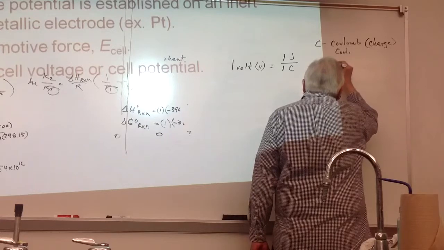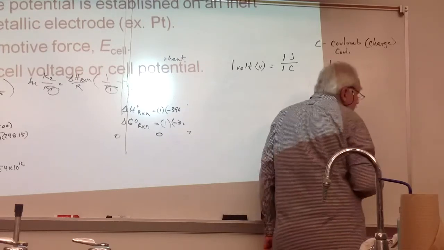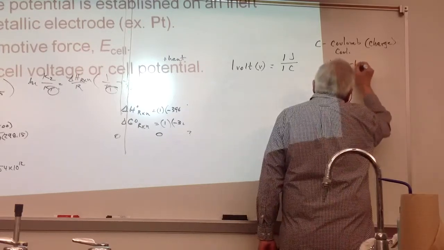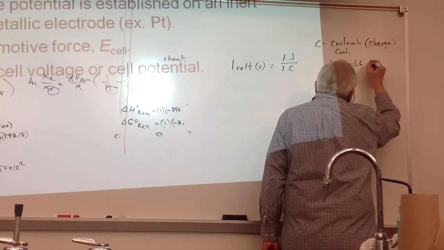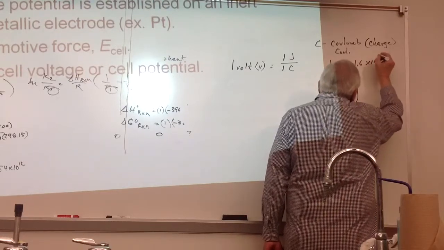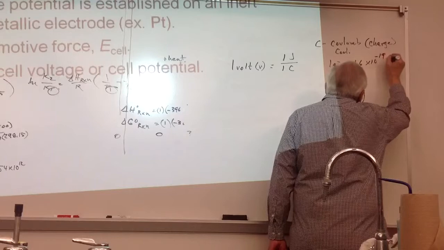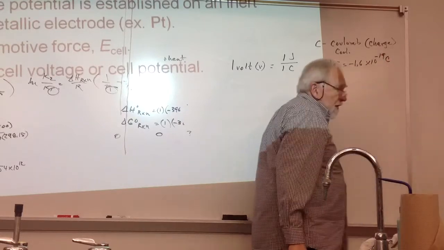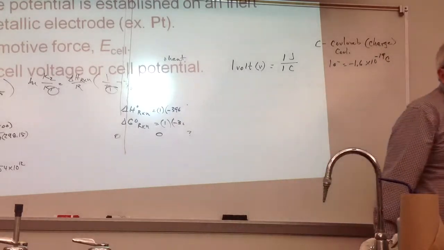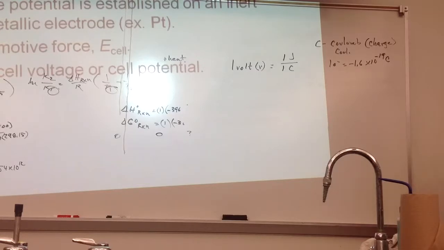One electron has a charge of minus 1.6. In the back of the book, they give you a few more significant figures. So each electron is minus 1.6 times 10 to the minus 19 coulombs of charge.